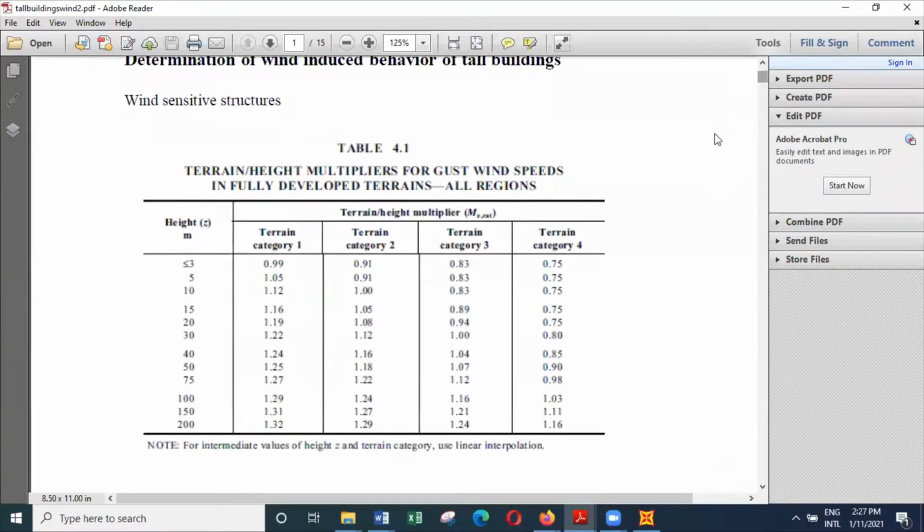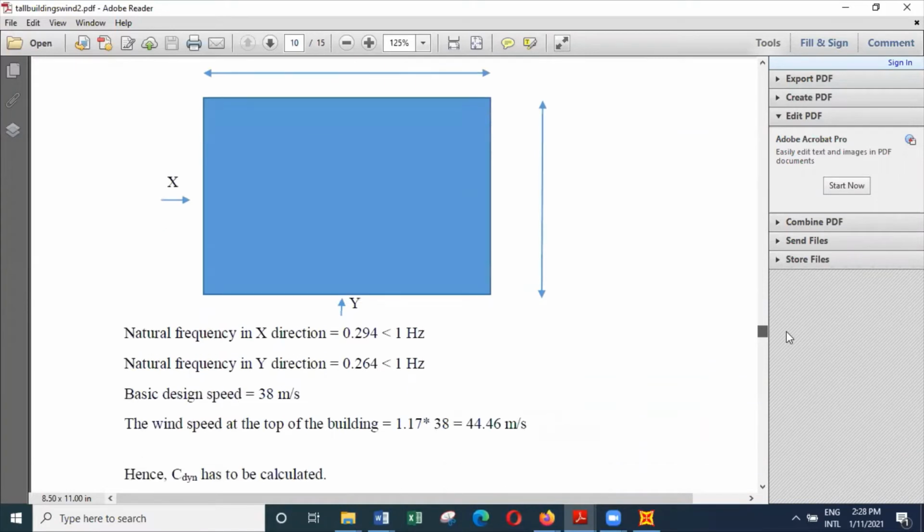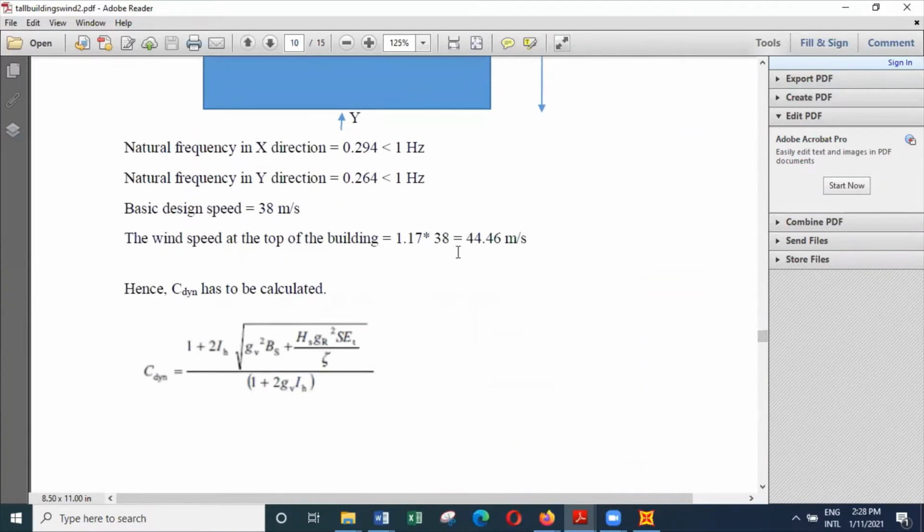The terrain multiplier for a height of 108.9 is about 1.17. So 1.17 multiplied by 38, we'll be using a value like 44.46 meters per second as the wind speed at the top of the building.